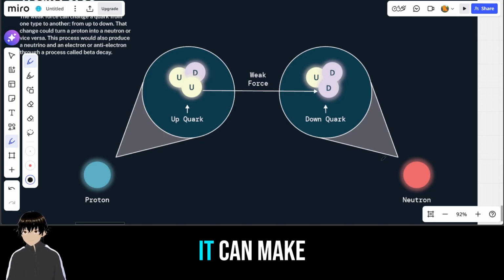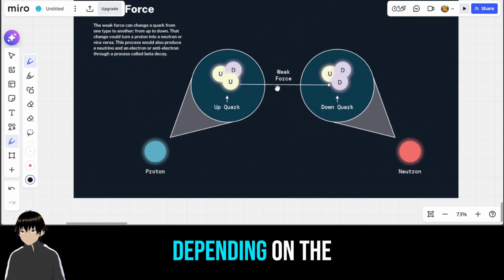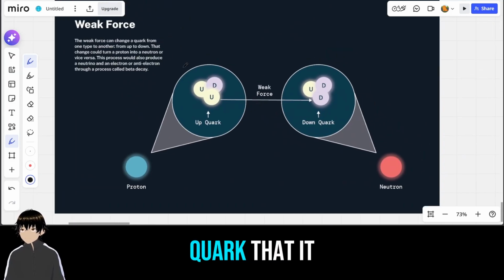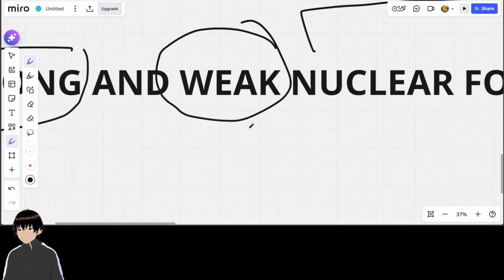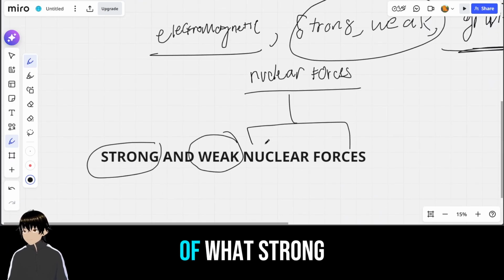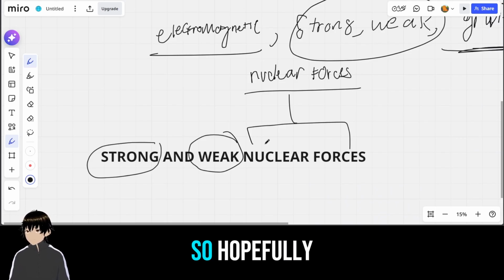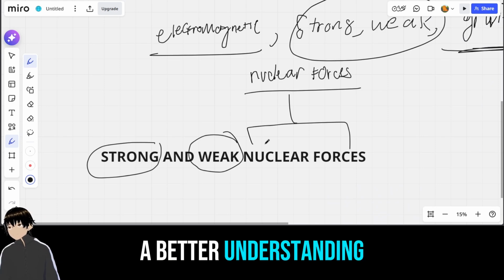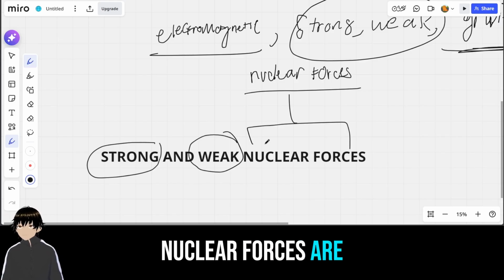It can make neutrons into protons and protons into neutrons, depending on the quark that it converts. So this is basically just an overview of what strong and weak nuclear forces are. Hopefully I've given you a better understanding of what strong and weak nuclear forces are.